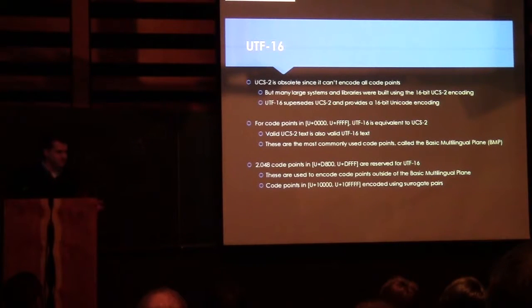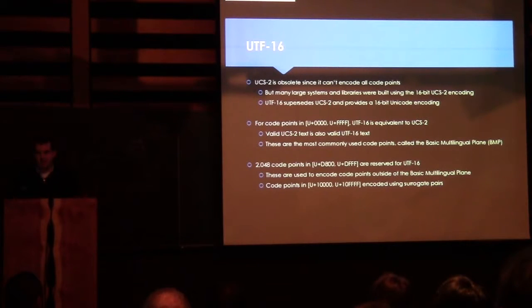Qt, development of Qt started in 1992. Windows NT development started in the late 80s, but the first release came out in 1993, and so it uses a 16-bit code unit. And then Java, which came out in 1995. Because of these and a large number of other libraries and systems, 16-bit encodings have propagated to other places.